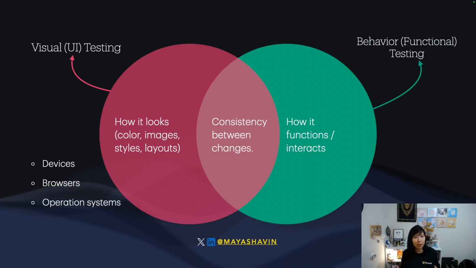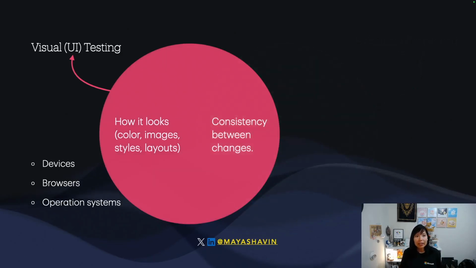And of course, we also need to validate the consistency of the look whenever we add a new feature, like a new button, and not just test how it appears, but how it looks on different devices, different browsers, and different operating systems. And this is our main topic today, visual testing or UI testing. But hold on a minute.